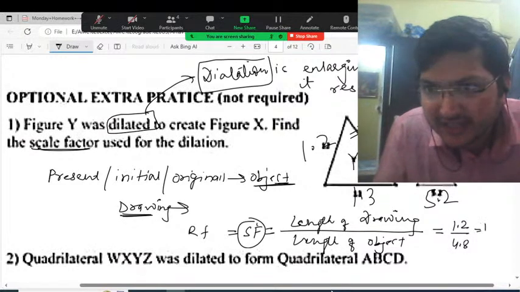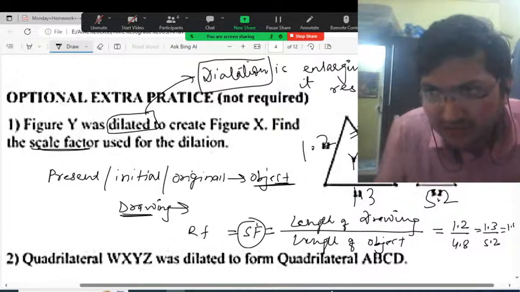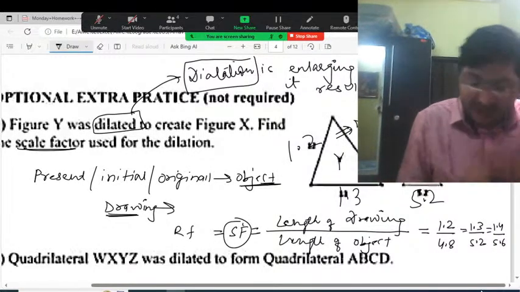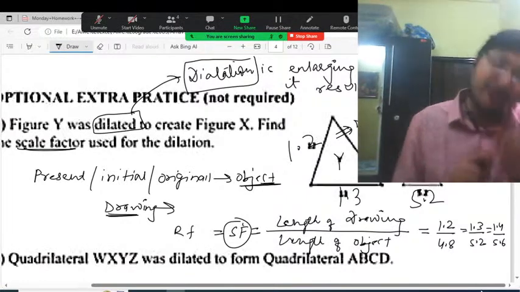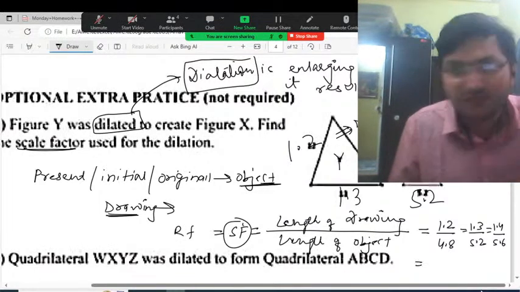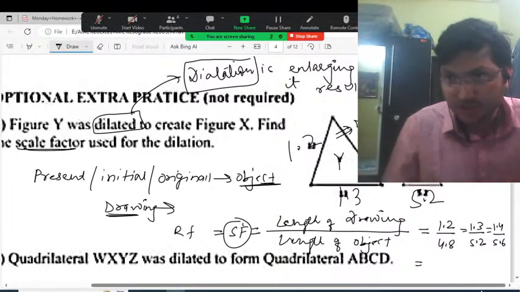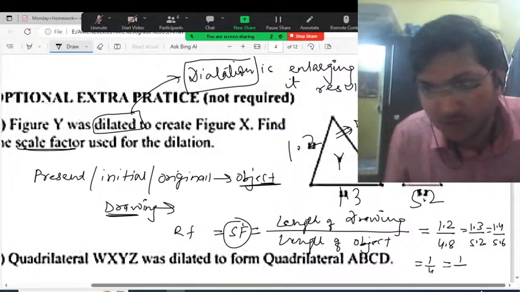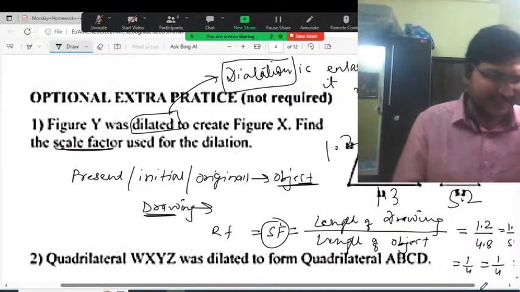Again, you can either take 1.3 with 5.2, or 1.4 with 5.6. They all should give you the same result, because dilation never gives you a non-similar figure. It always gives you a similar figure. That's why this must have the same SF for all sides. All sides should be scaled with the same proportion. Here you will get 1 over 4, here 1 over 4, here 1 over 4. Now this is a reducing dilation.